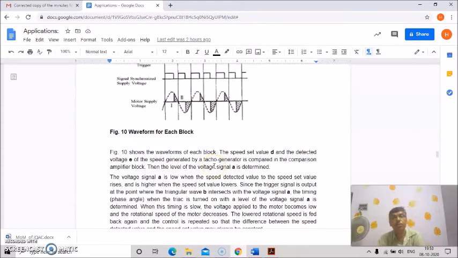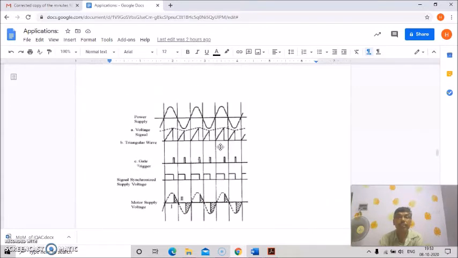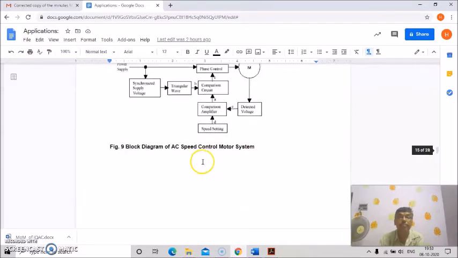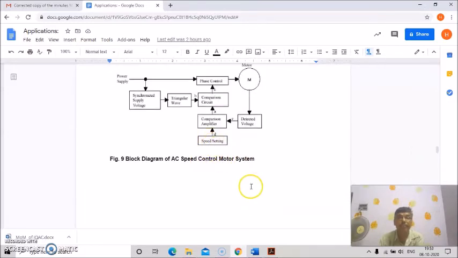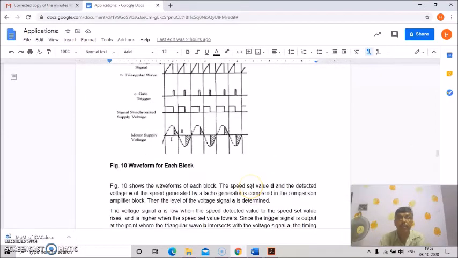Okay, so this figure shows the waveforms of each block. The speed set value D, that is here, is the speed setting, and the speed set value D and the detected value E of the speed generated by a tacho generator are compared in the comparison amplifier block, and then the level of the voltage signal A is determined.